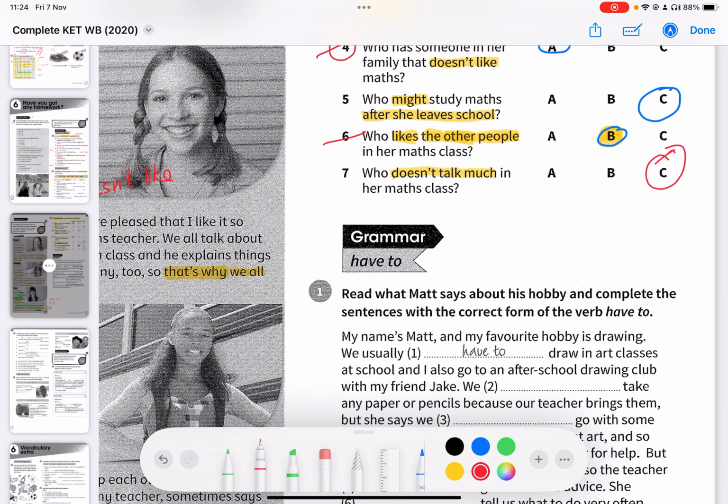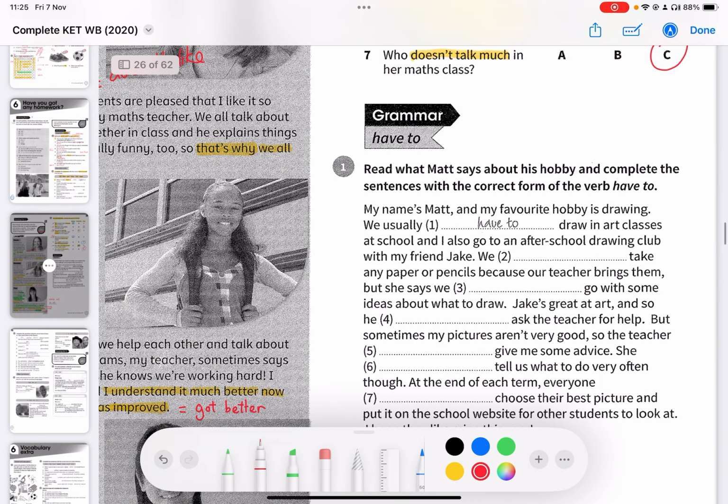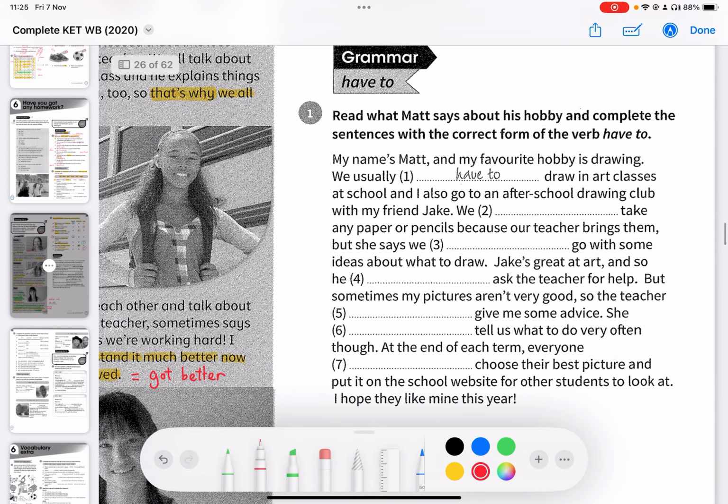You understand? Good job. So this is pretty long, but we have only the grammar part left for have to. Does anyone remember have to? What does it mean? Yes, it means phải. And usually we say phải làm gì. And how do you say không cần làm gì, không phải làm gì?